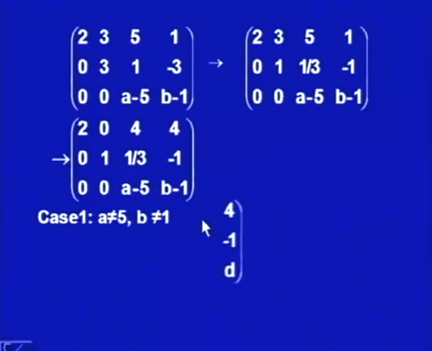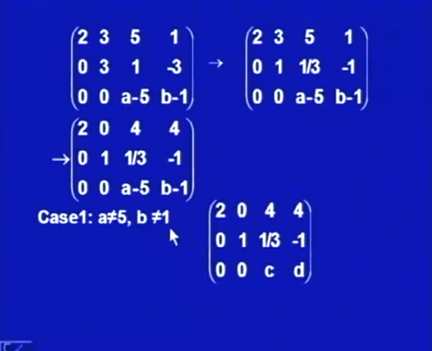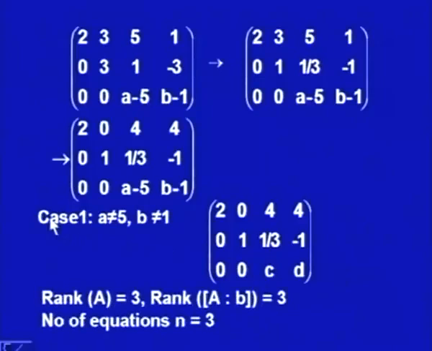So if a is not equal to 5 and b is not equal to 1, let us call a not equal to 5 as C, and b not equal to 1 as D, then rank of A is equal to 3, because C is not 0. The rank of the augmented matrix, if D is not 0, will also be 3.